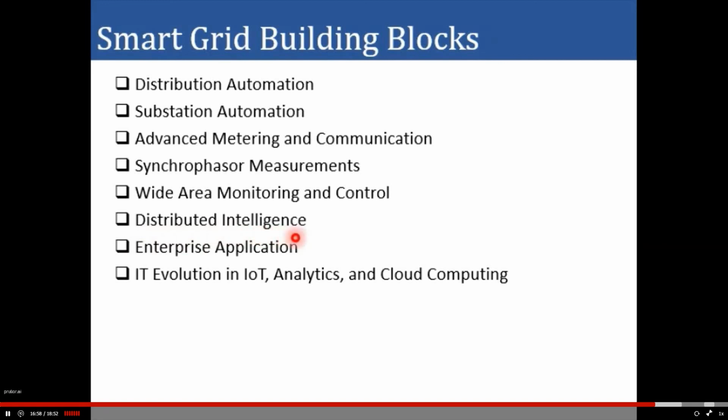Now the other important building block is distributed intelligence. Distributed intelligence means the devices which we will install in the distribution system will be intelligent enough to process the information locally, and then only the refined information will be shared with the central controller.